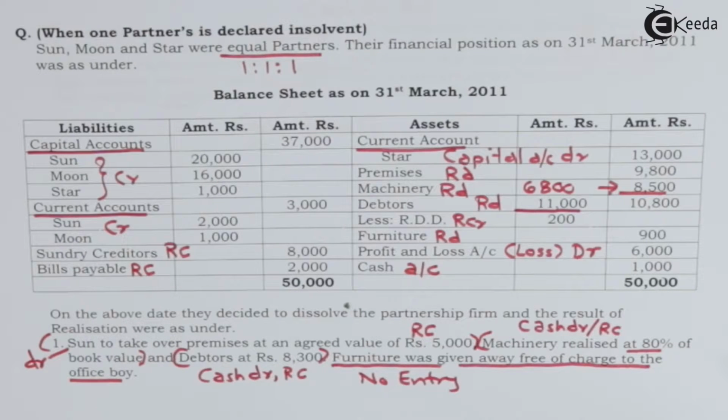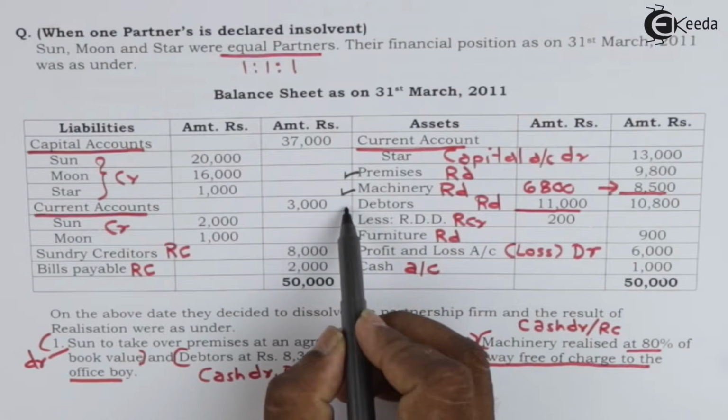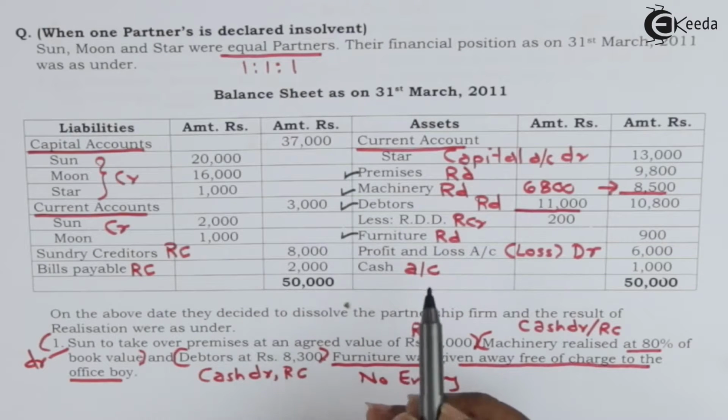The first step of solving the problem is called the transfer step. All amounts given in the balance sheet will be transferred to one or other account. Let us start with the asset side. Premises, machinery, debtors gross, furniture will be transferred to the debit of realization account.